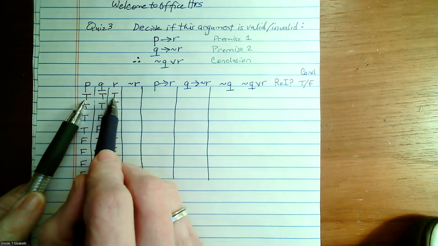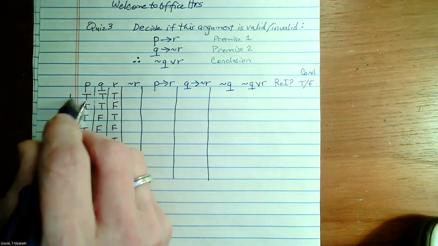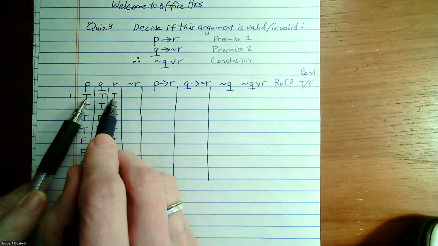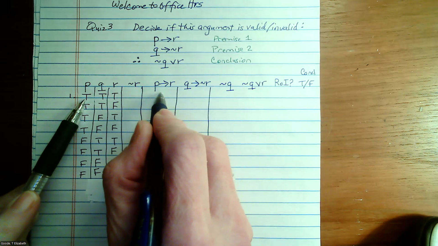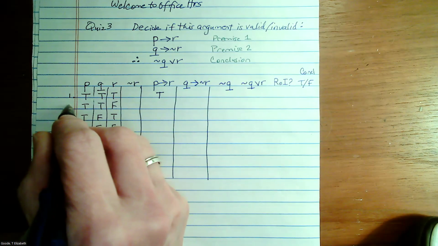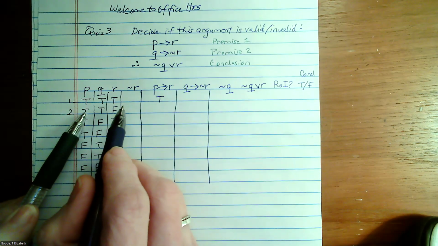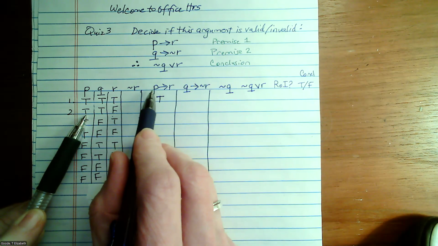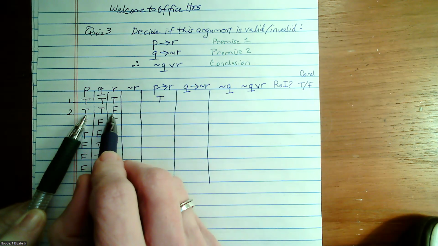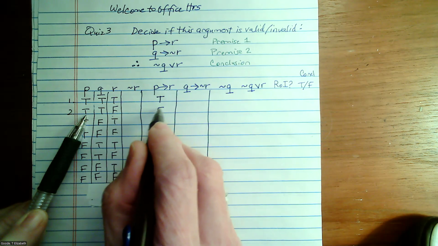So in row 1, we have P is true and R is true. So if true, then true. What will that be? True. Good. In row 2, we have P is true and R is false. So what is the truth value of if P, then R? False. Exactly.